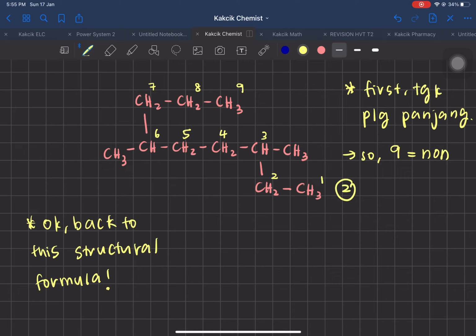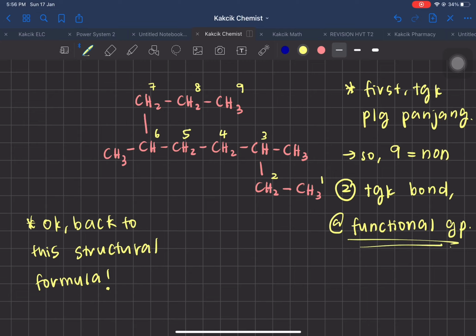Then we look at the bond. All of them are single bonds. When it is a single bond, it also shows the functional group. So a single bond is an alkane, alkana in Malay.